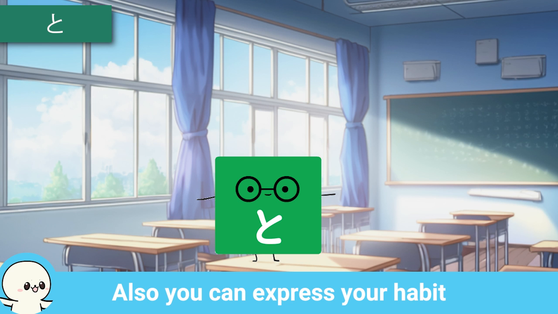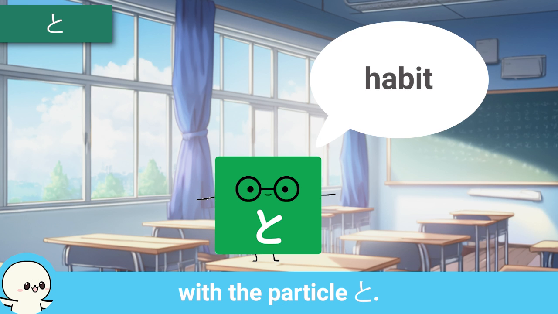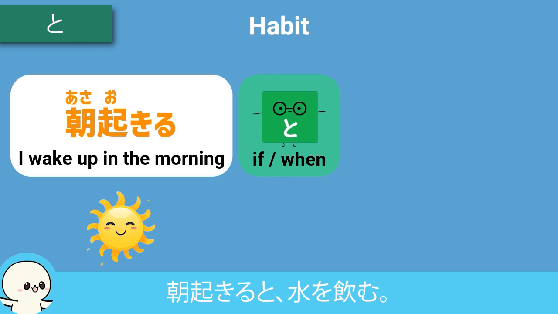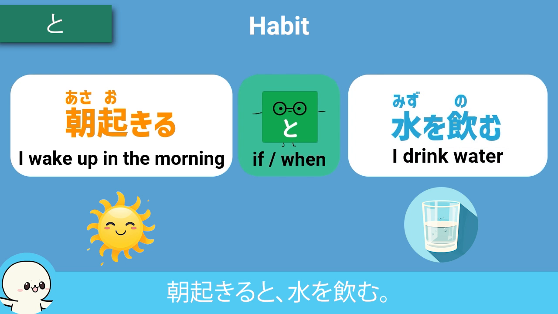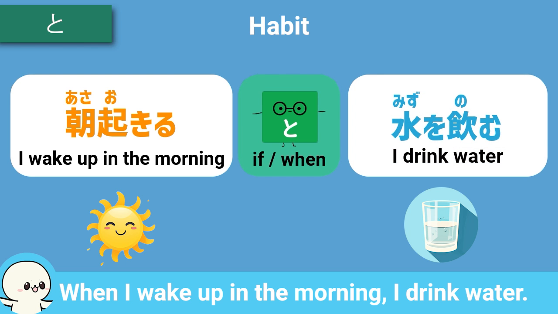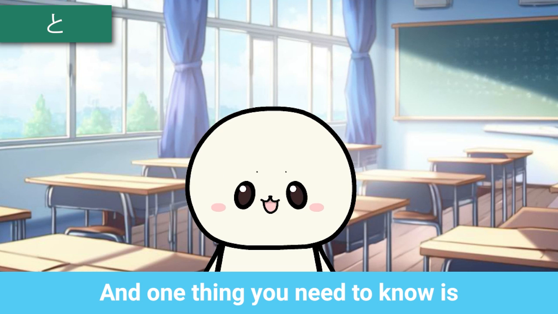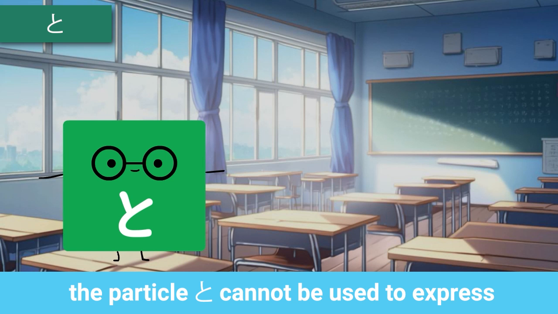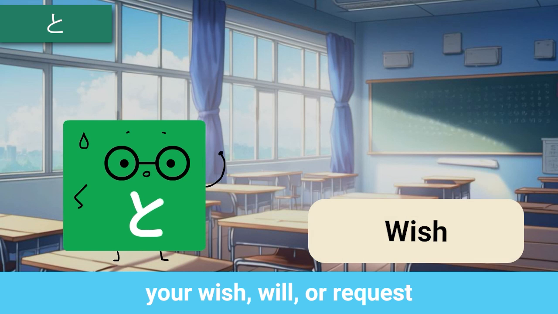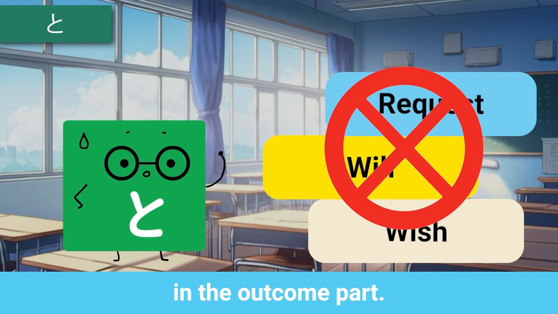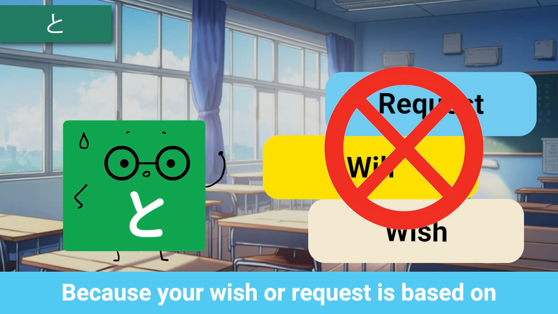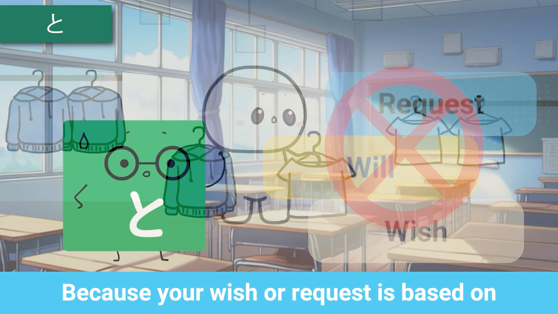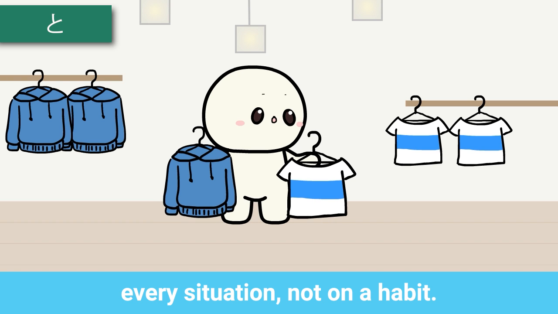Also, you can express your habit with the particle と. 朝起きると水を飲む. When I wake up in the morning, I drink water. And one thing you need to know is the particle と cannot be used to express your wish, will, request in the outcome part because your wish or request is based on every situation, not on a habit.